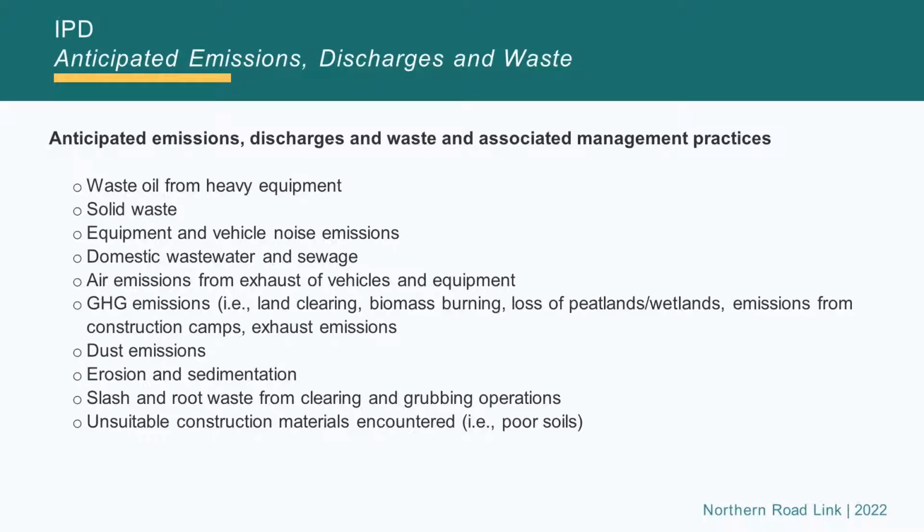Then we look at GHG emissions, or greenhouse gas emissions, which is a function of activities like land clearing, biomass burning. If someone's burning even wood pallets to heat up a camp, loss of peatlands and wetlands, another important element for the geography of this project, emissions from construction camps and exhaust emissions.